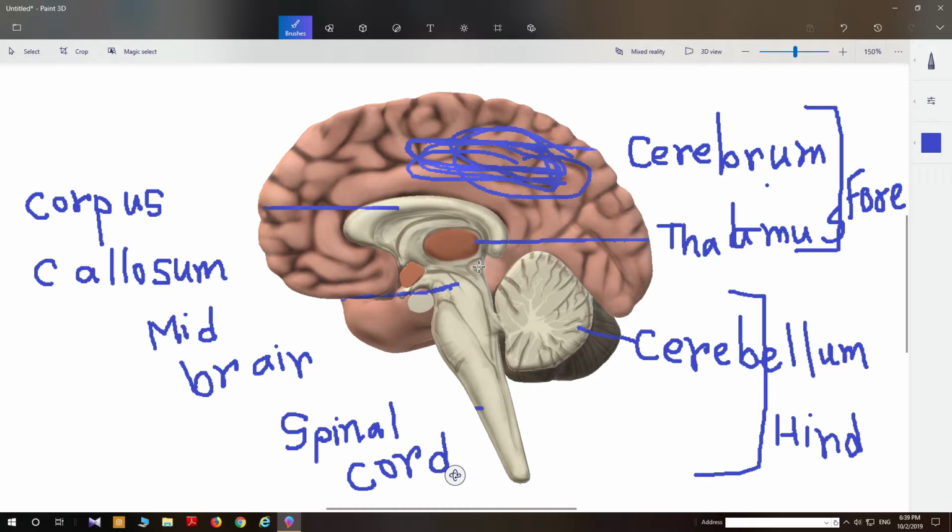There is a cylindrical part located at the back part of the midbrain called the pons.